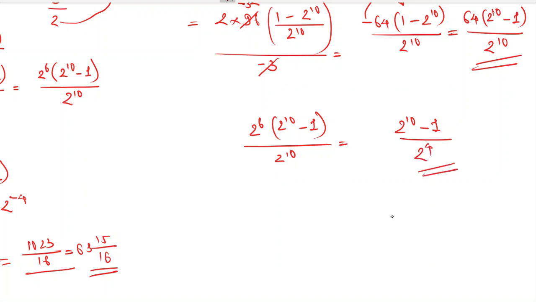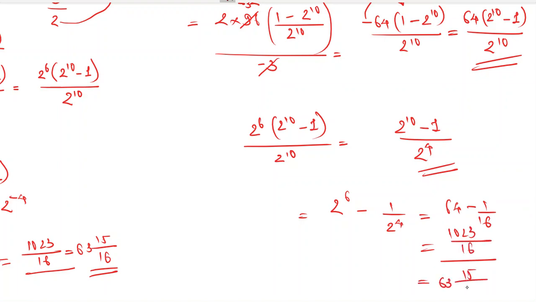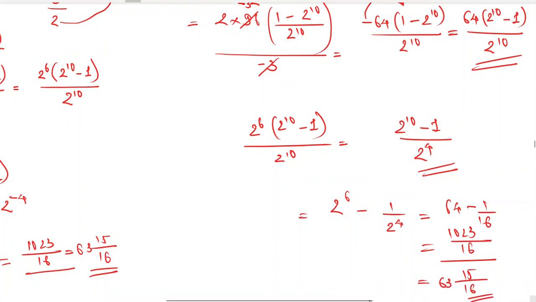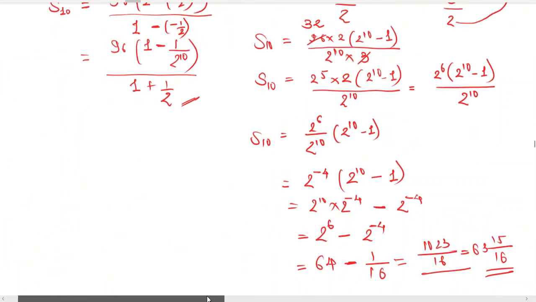And then when you simplify this, you will get 2 raised to 6 minus 1 upon 2 raised to 4, or 64 minus 1 upon 16, which will give you the same answer, 1023 upon 16, or 63 15 by 16. So even if you take case 3 formula here, after solving everything you get the same answer, right?